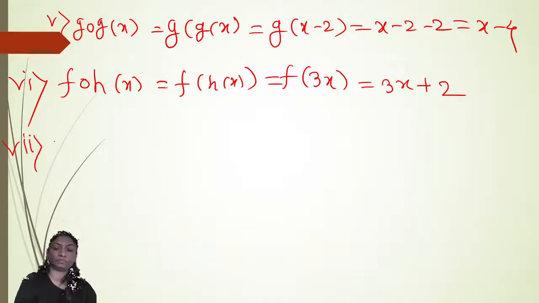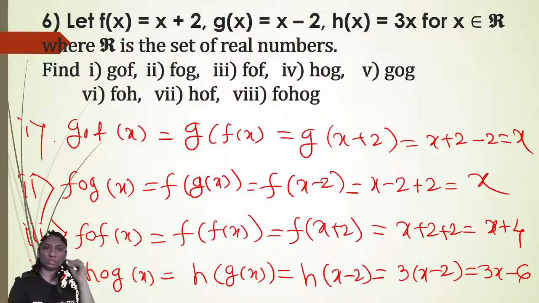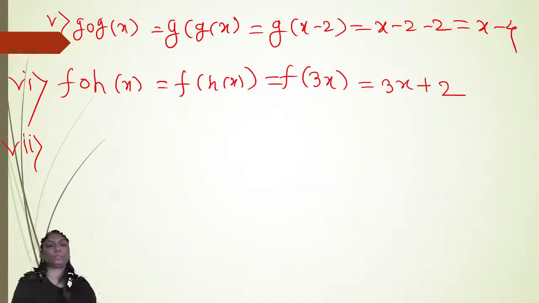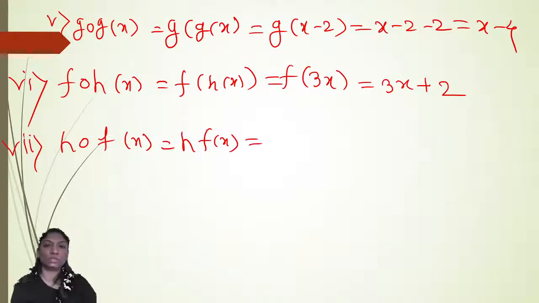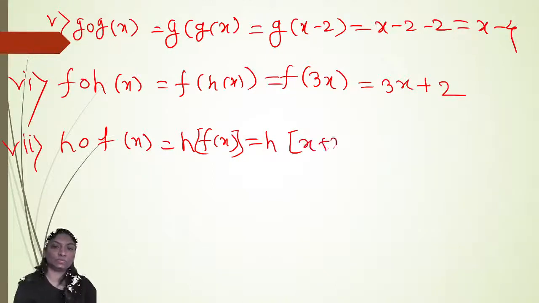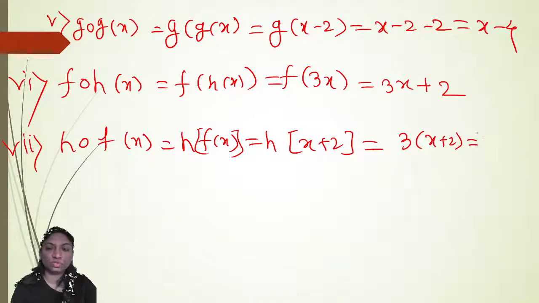Seventh one is h composite f. So here h composite f of x. h of f of x, f of x is x plus 2 and h of x is 3 into x plus 2, equal to 3x plus 6.